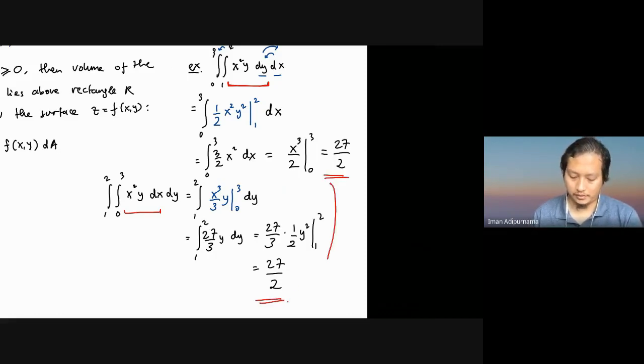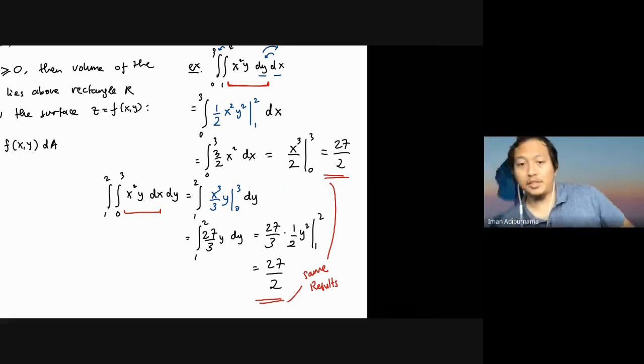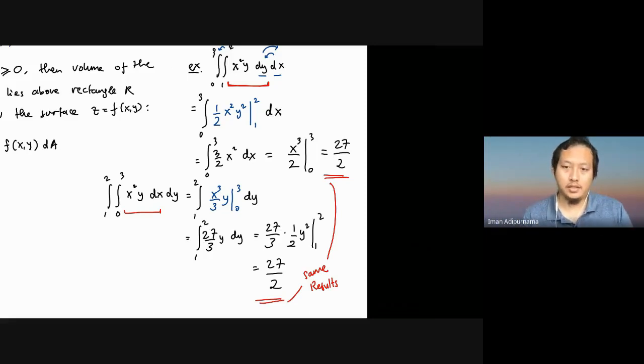Same results. So to solve the problem, sometimes you can reverse the order whenever you think the integration will be much easier.